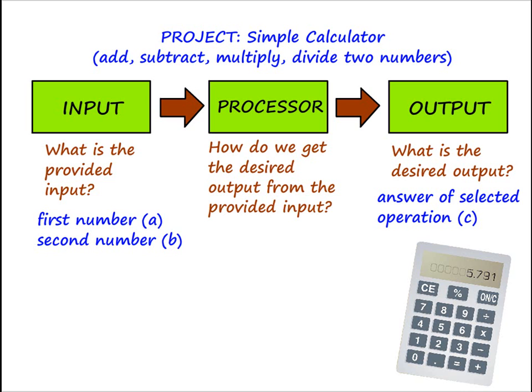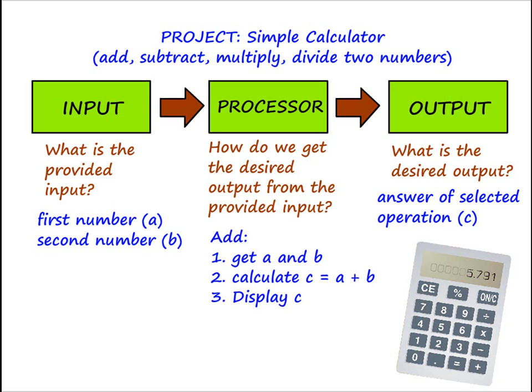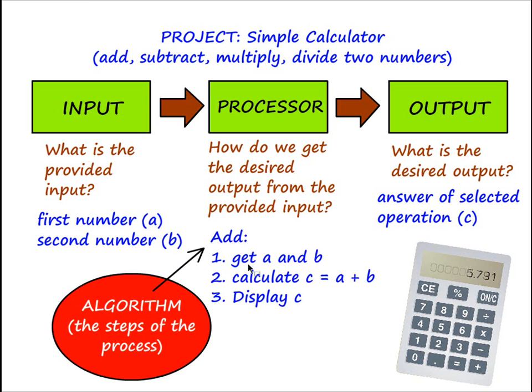So if they choose to add the two numbers together, I'm going to have an algorithm that determines I have to get A and B from the user. I've got to calculate the solution of those two numbers added together. And then third, I've got to display that value back to the user.